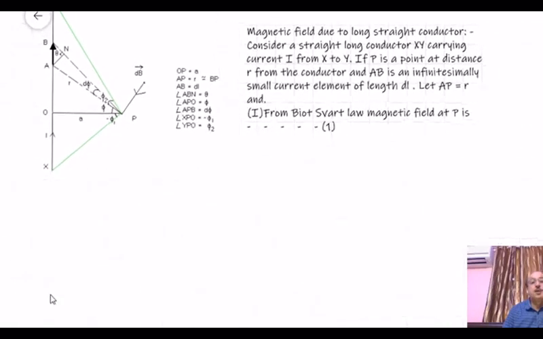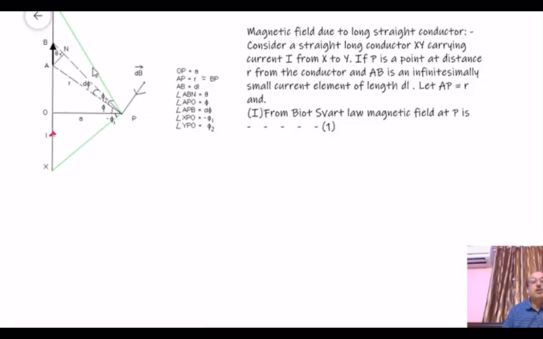Here is a current carrying wire. It is XY. It is carrying current I. And the wire is a straight long wire.